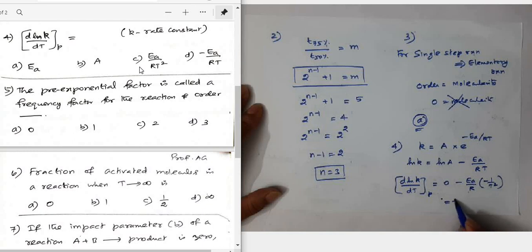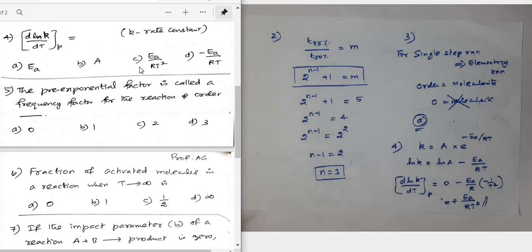Therefore the answer is EA by R into T square. EA by R, okay, in the denominator we should put T square. So d ln K by dt at constant pressure is equal to EA by RT square.